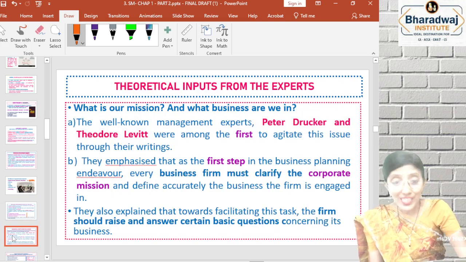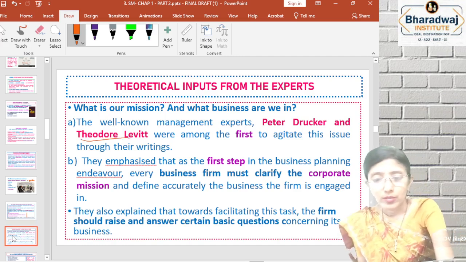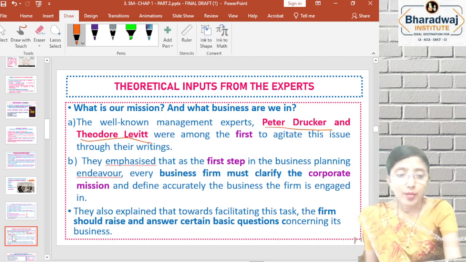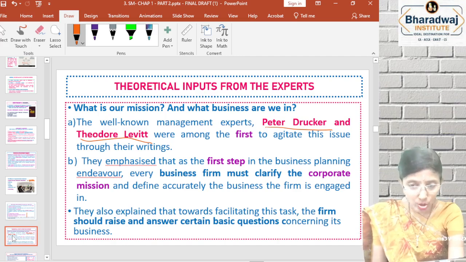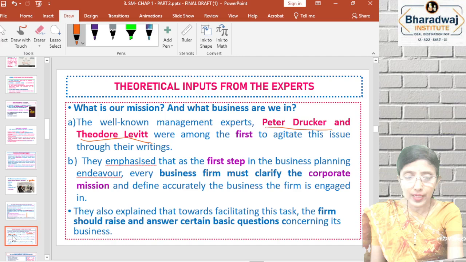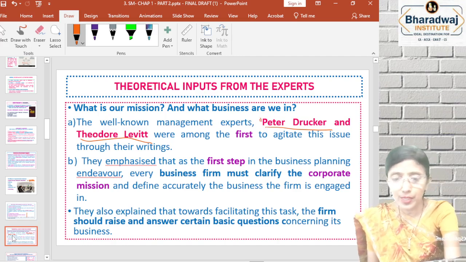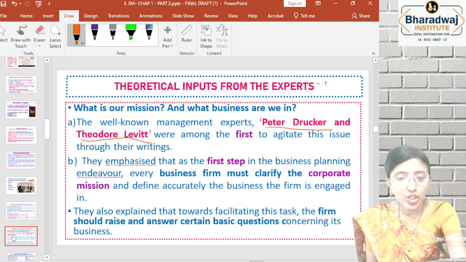And now experts. Take down the names of the experts. Peter Drucker and Theodore Levitt. Because for mission, as per your parent source, you have to mention the names of the experts. They are none other than Peter Drucker and Theodore Levitt, the two important experts who have quoted on mission.